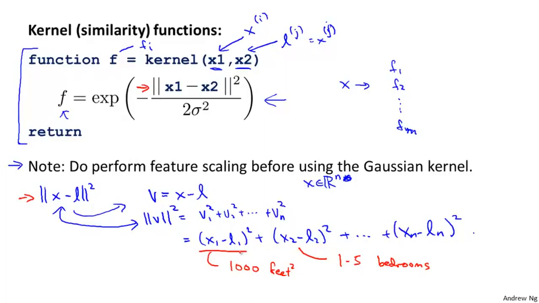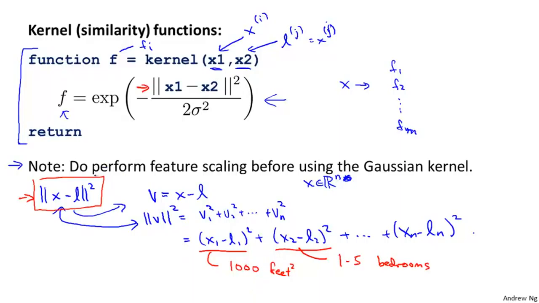This could be like 1,000 squared, whereas x2 minus L2 is going to be much smaller. And if that's the case, then in this term, those distances will be essentially dominated by the sizes of the houses, and the number of bedrooms will be largely ignored.